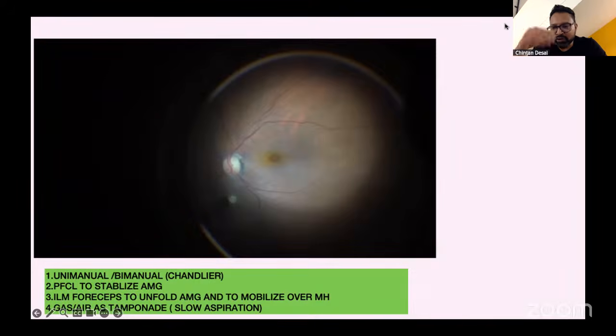Second, if you tend to trim those flaps instead of keeping them large, then there is a chance of flap displacement.